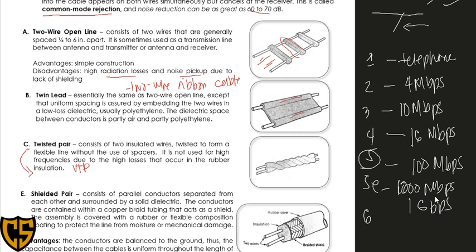Okay, lastly, the category of UTP is category 6. Usually, category 6 cables consist of 24 AWG wires inside. It has 24 AWG wires inside, and the AWG wires are copper wires.